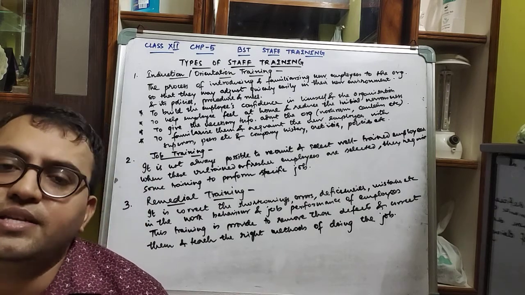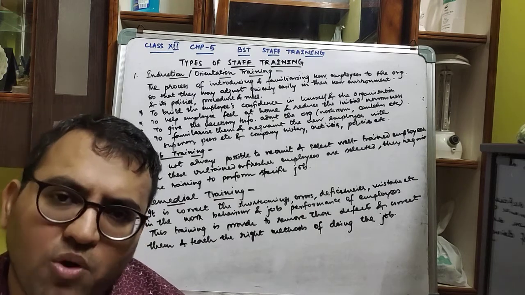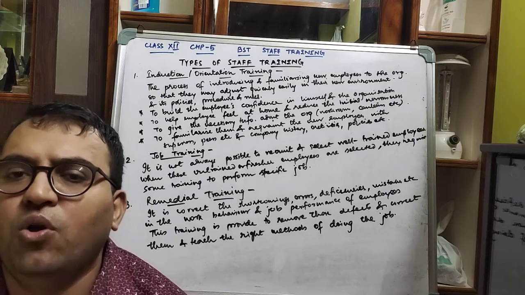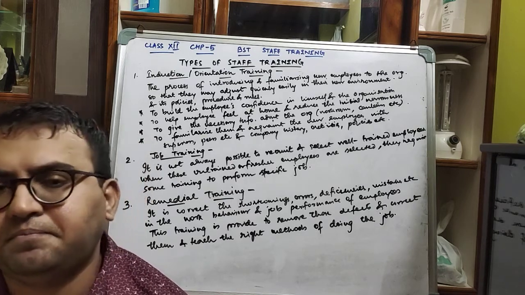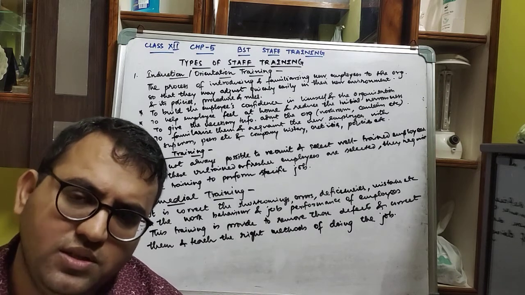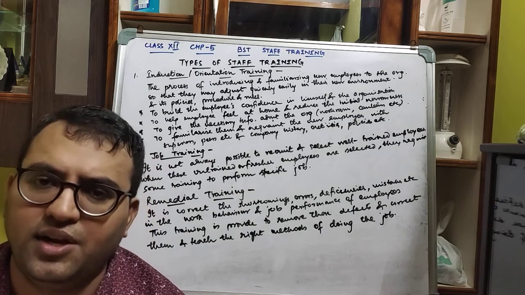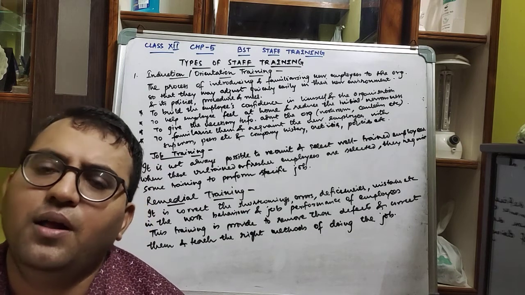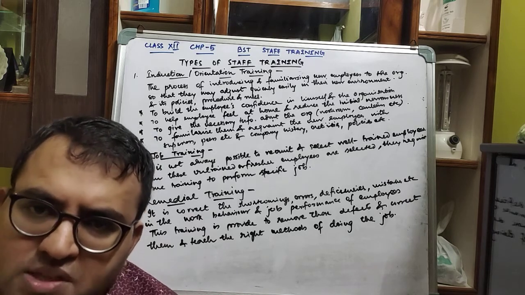So job training is a training which is provided by the organization or the employer side. When the employees are newly recruited and selected, it is the duty of the organization to provide the employees with that specific task, means task related training or job related training, so that the employees can deliver satisfactory performances.